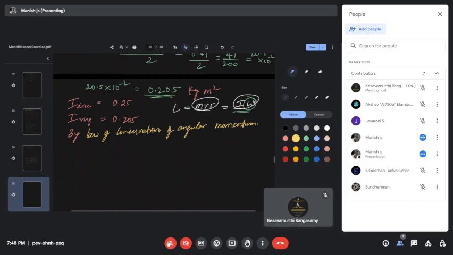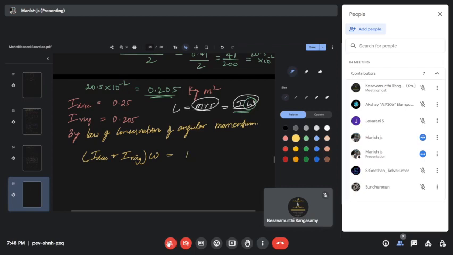So the total angular momentum can be expressed as the total inertia of the disk plus the inertia of the ring times the angular velocity omega. Omega we don't know, so I'm just keeping it as omega, which is equal to... Initially, before the ring is placed over the disk, it is only the disk that is involved.